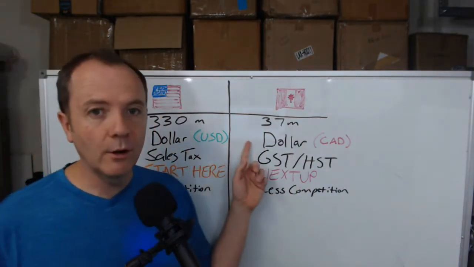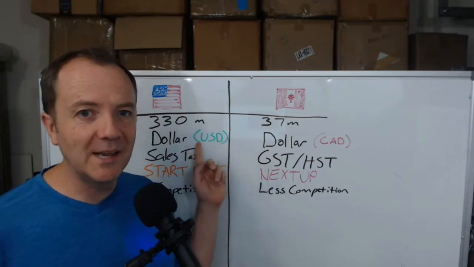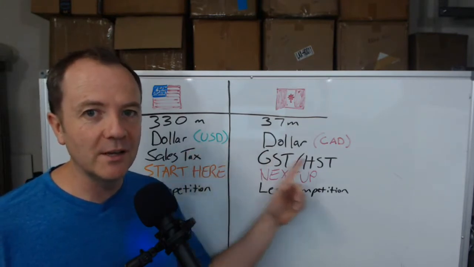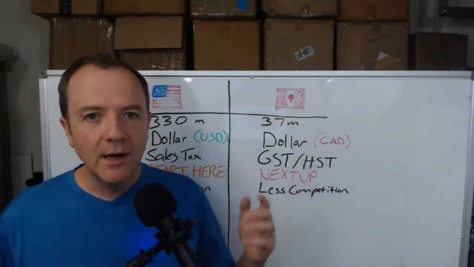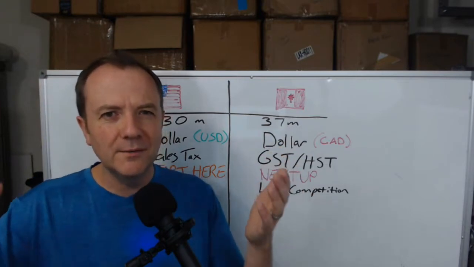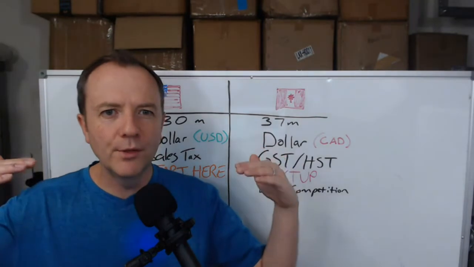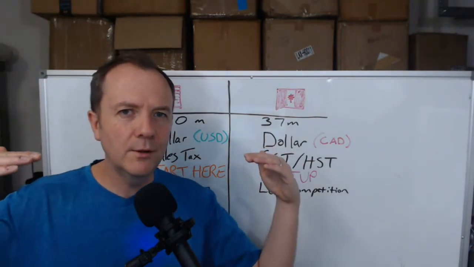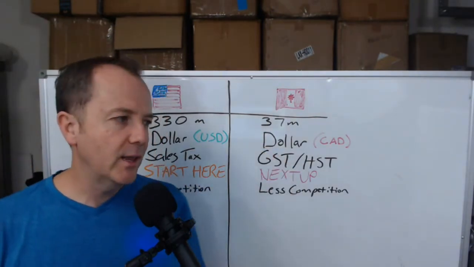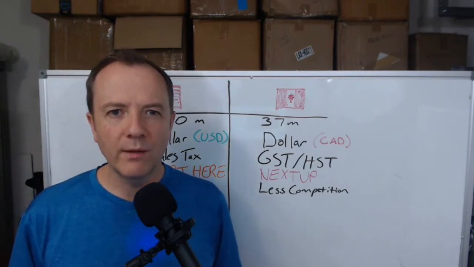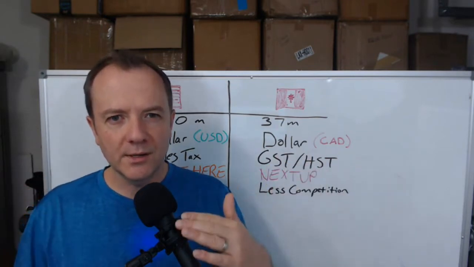Both countries are on the dollar, but it's not the same dollar. So in the US, we have the US dollar. In Canada, they have the Canadian dollar. They're relatively stable currencies. Both of them stay pretty close to anywhere between 1.25 to 1.4 Canadian dollars to US dollars.